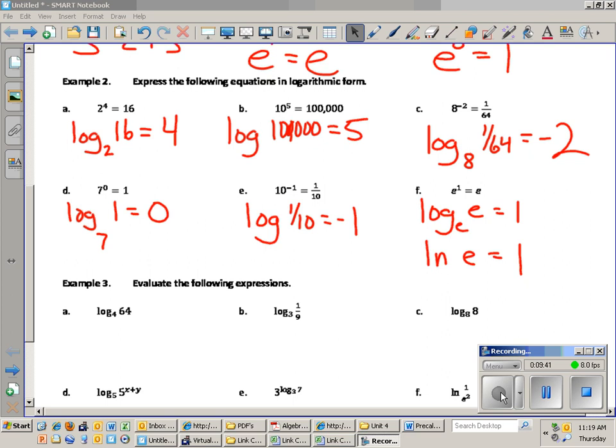If you want to write a base 10, that's fine. But if you see log base E, you must think to convert that to natural log. The only time you do it is if the base is E. That's the only time you convert it to natural log. Okay.